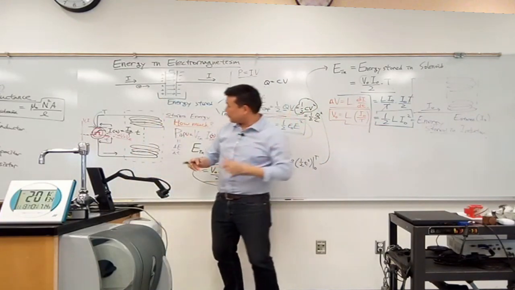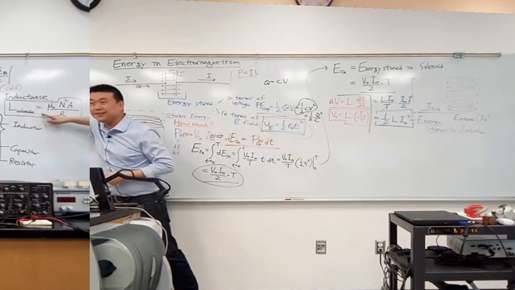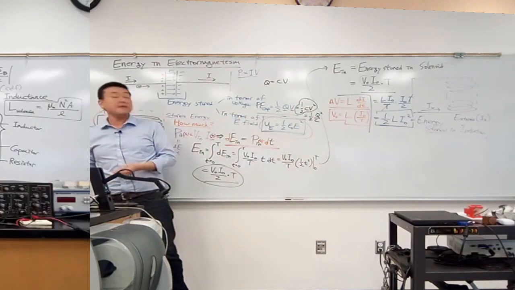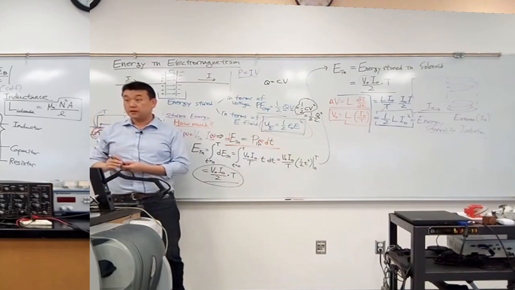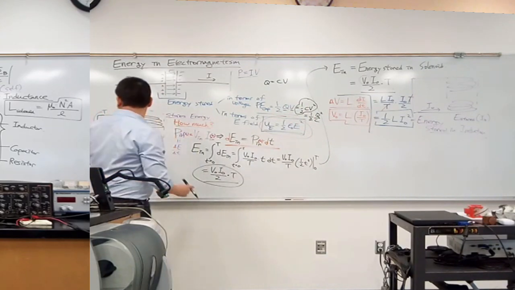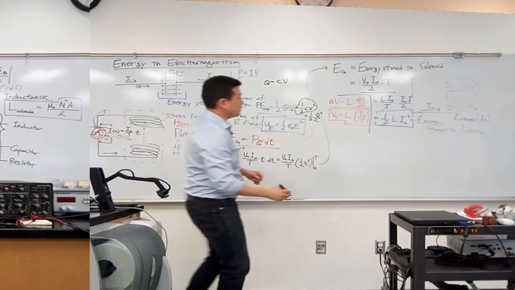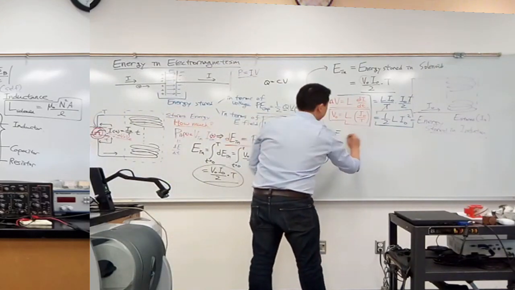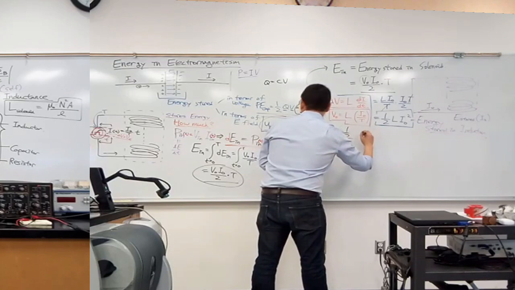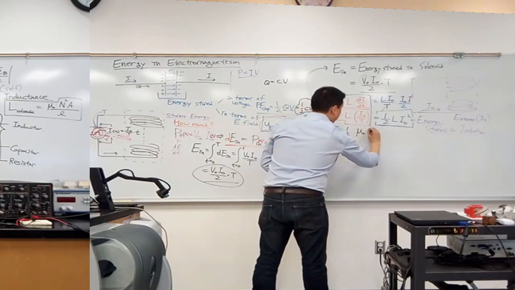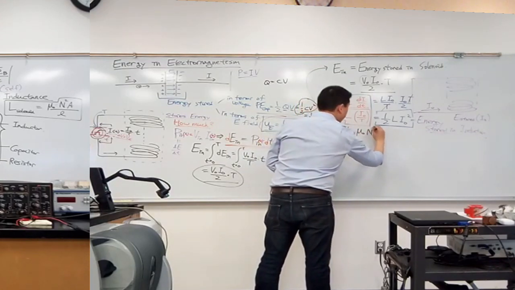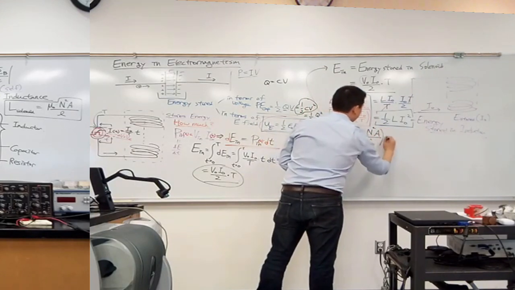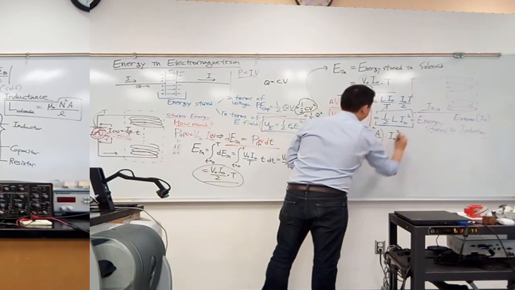I have been very careful not to erase this inductance of a solenoid so that I can plug it in and see if I can make any sense of the resulting relationship. So the inductance of a solenoid is, plugging that in, equal to 1/2 mu naught n squared A over L times I naught squared.